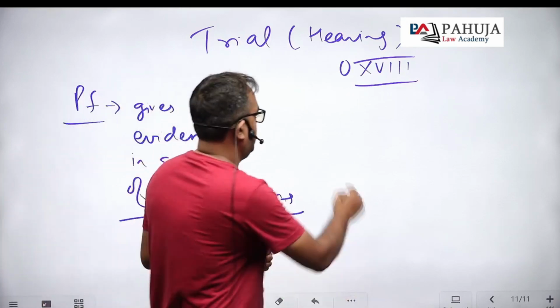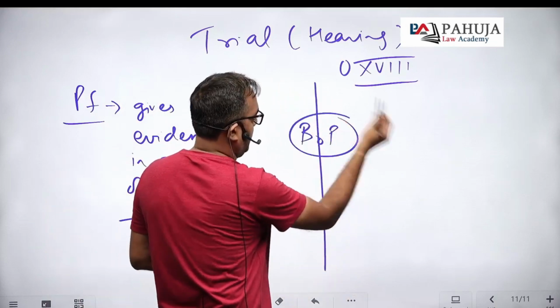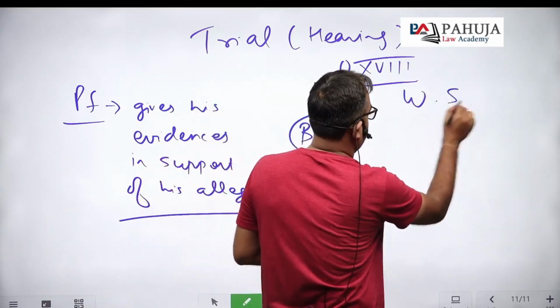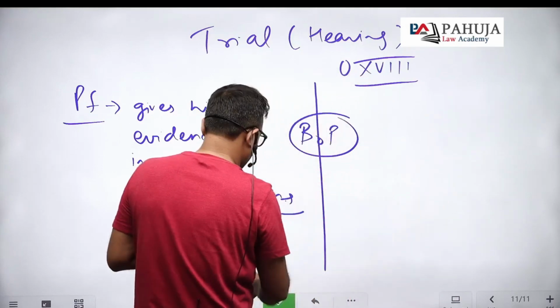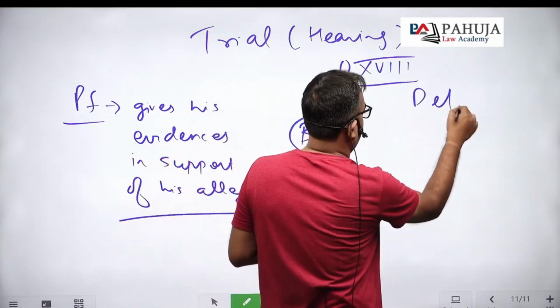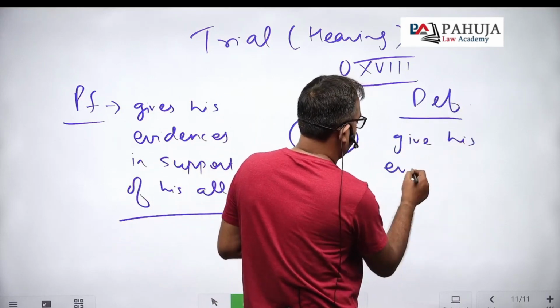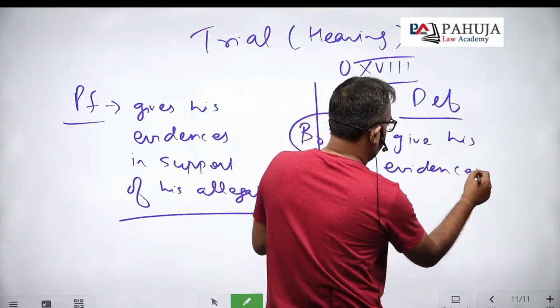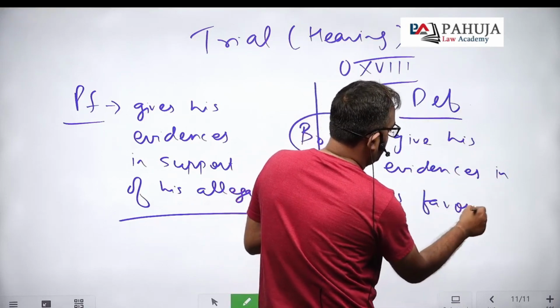Then the burden of proof shifts to the opposite party, that is the WS, sorry, not the WS, defendant. The defendant has to give evidences in his favor.